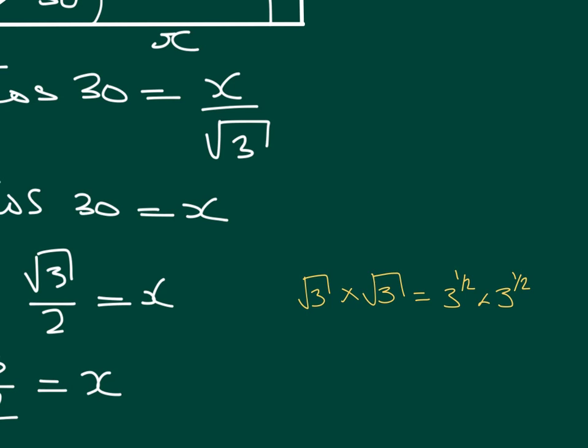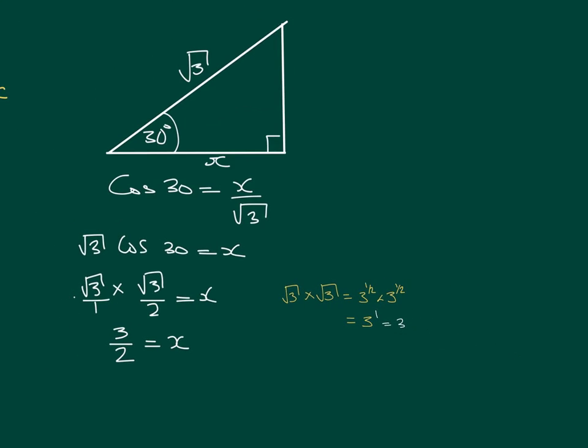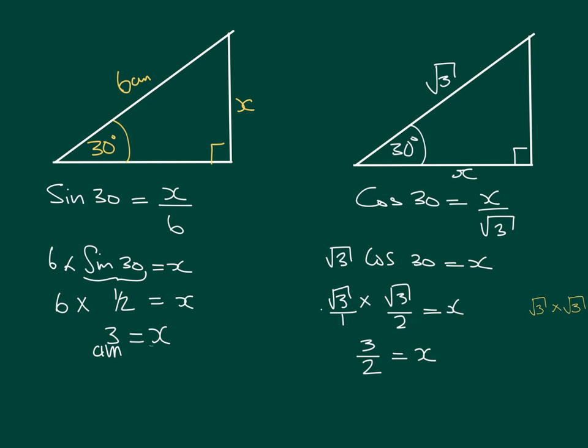You can remember that from indices. When you multiply two indices with the same base, you rewrite the base and add the powers. So a half plus a half is 1, which is just 3. That's how we know that root 3 times root 3 will just be 3.